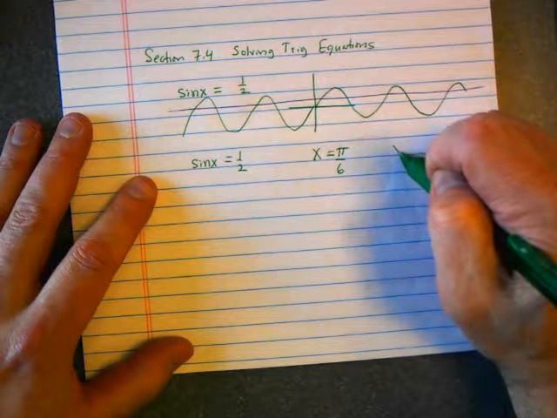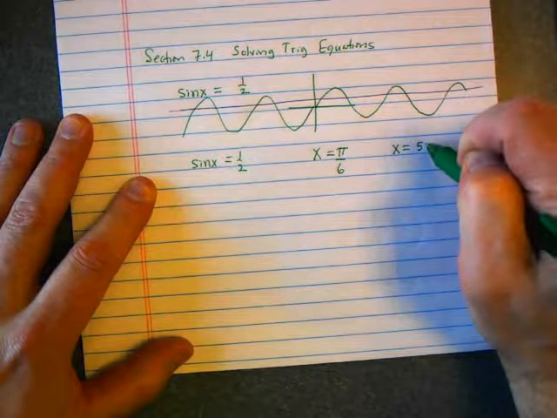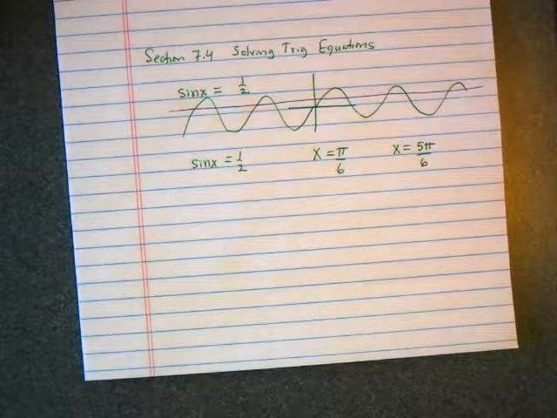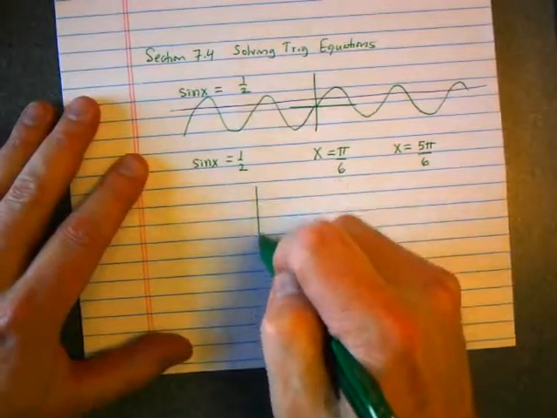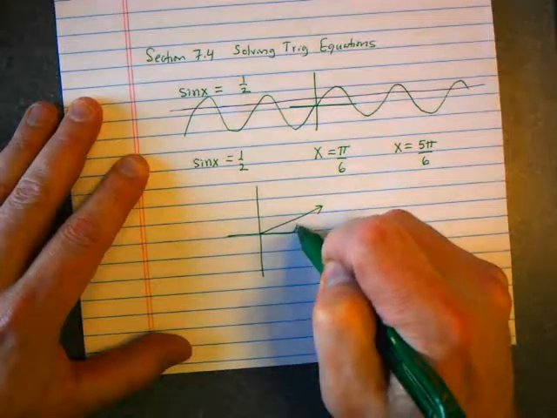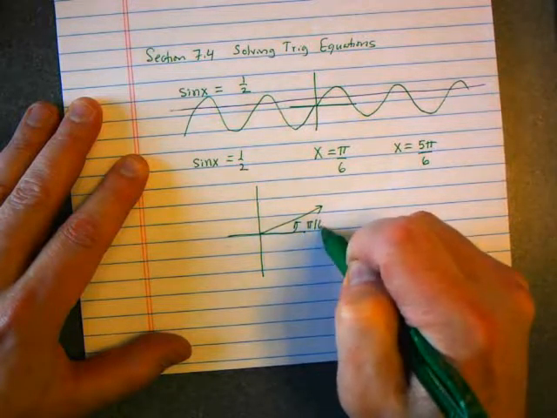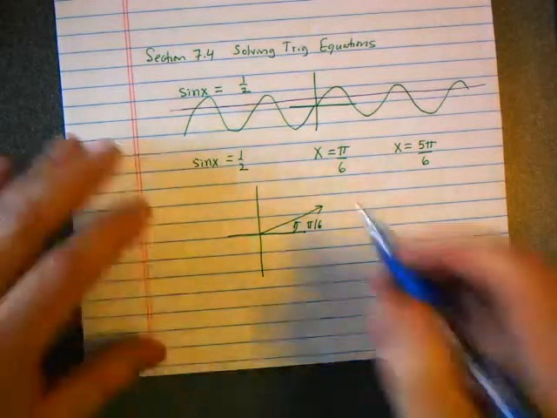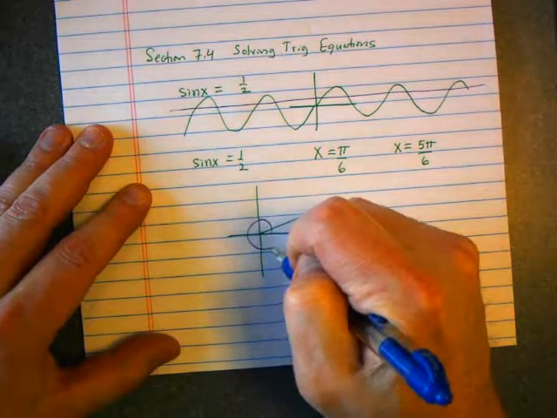And then Claudia said something. She said, if pi over 6 is an answer, then you can go all the way around and back to pi over 6. So another answer would be go all the way around, which is how far? 2 pi, and then add pi over 6 more.